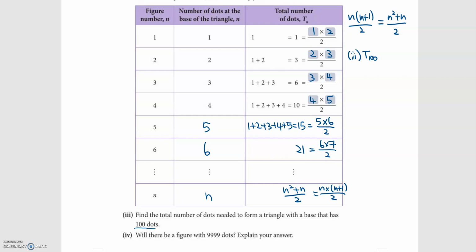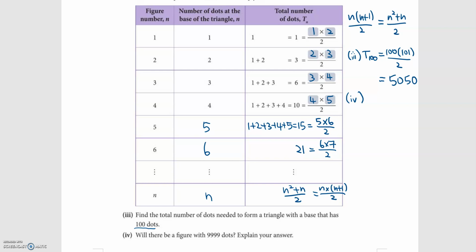T100 is 100 times 101 over 2 dots. This will give me 5050 dots. So I will need a total of 5050 dots to form a triangle with a base that has 100 dots.